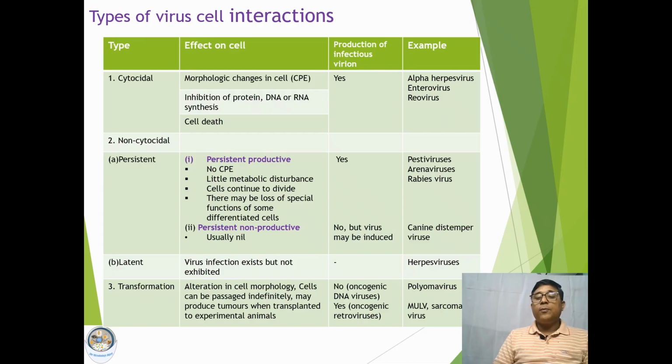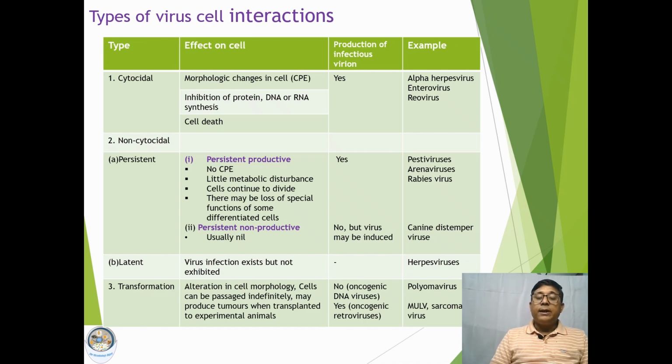The third type of virus-cell interaction is transformation. In transformation, there will be alteration in the cell morphology, and the infected cells can be maintained for indefinite times, and they may produce tumors when transplanted to experimental animals.